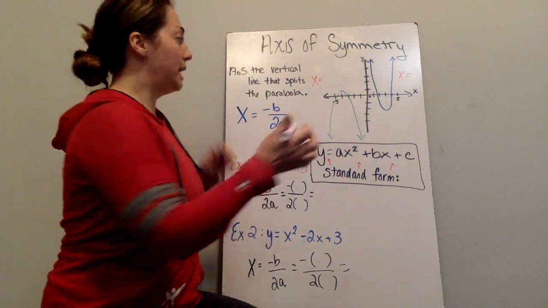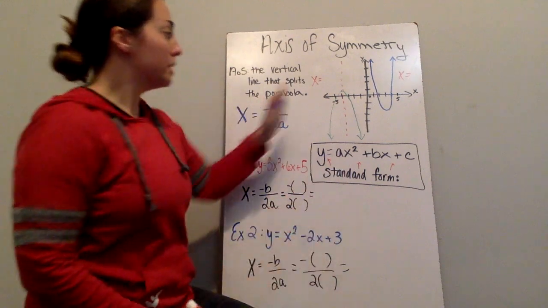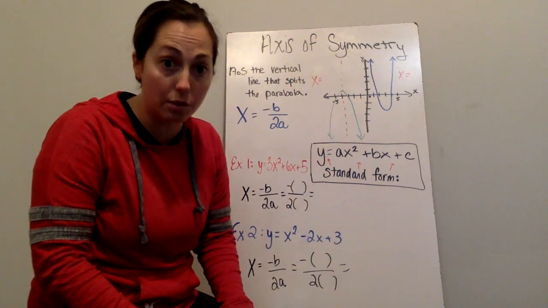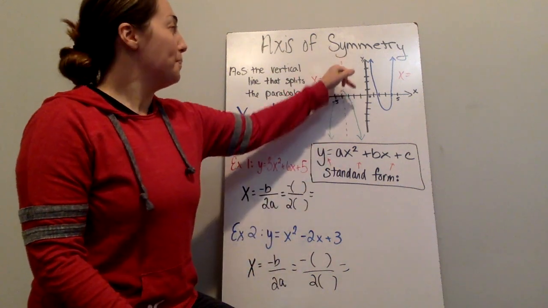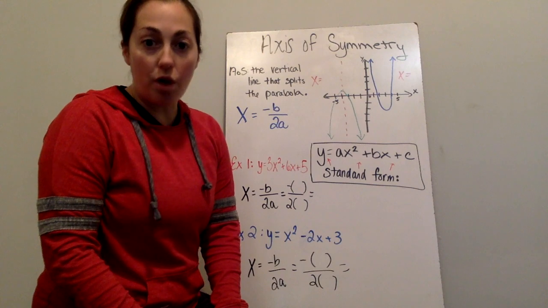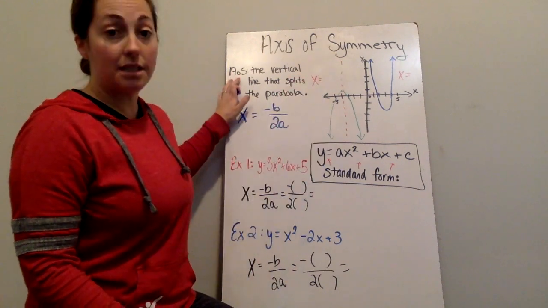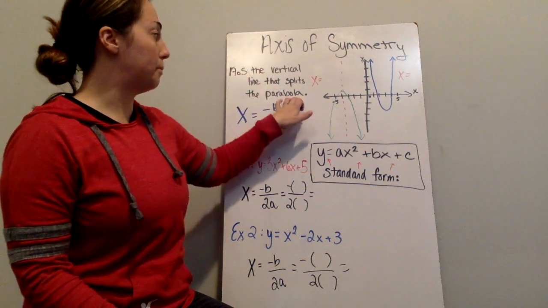For example, right here, the green parabola, the line that splits that, I always do a dashed line for axis of symmetry, so I want to see those dashed lines. When we draw the axis of symmetry, we're drawing a dashed line, and notice that it's a vertical line. Axis of symmetry, AOS, sometimes I write that, the vertical line that splits the parabola.